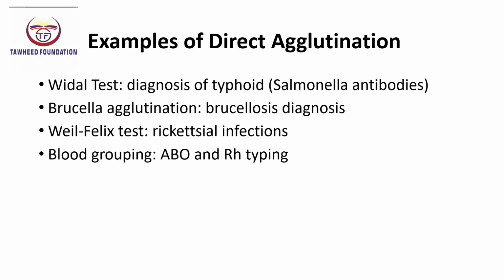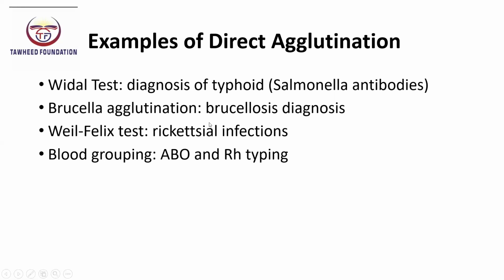Examples of direct agglutination. So, direct agglutination is widely used in clinical diagnosis. The Vidal test detects antibodies against Salmonella typhi and Salmonella paratyphi species, for diagnosing typhoid fever.